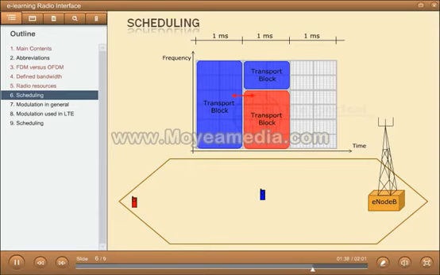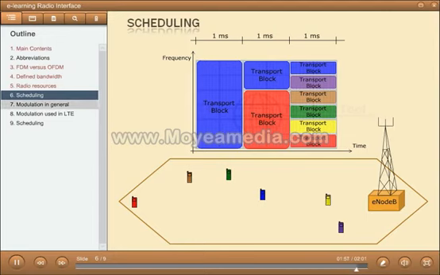The smallest allocation unit in LTE is one pair of physical resource blocks. This pair cannot be shared amongst several UEs. So, with a bandwidth of 1.4 MHz, the largest number of UEs during 1 millisecond is 6.